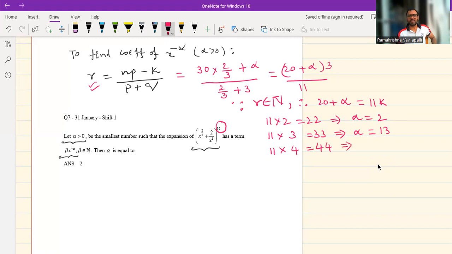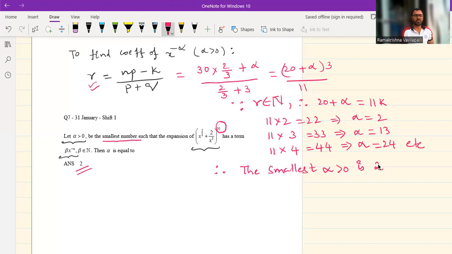So you will get here alpha value equal to 44 minus 20, which means alpha equal to 24, etc. We want only the smallest number. So therefore, the smallest alpha greater than 0 is 2. That's it. Answer is over.